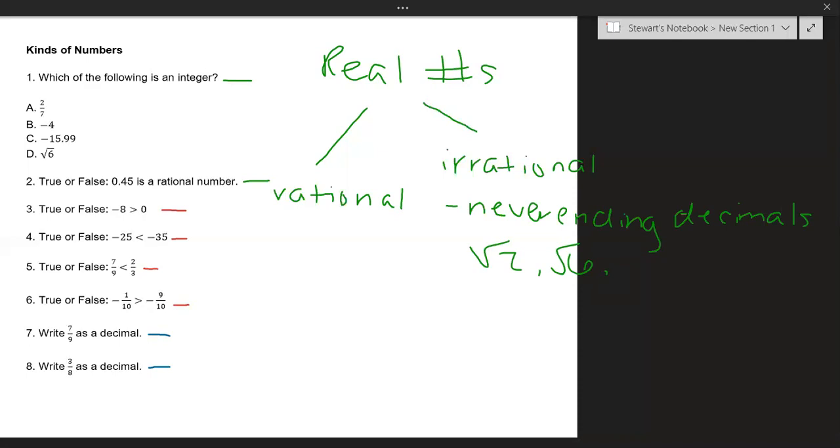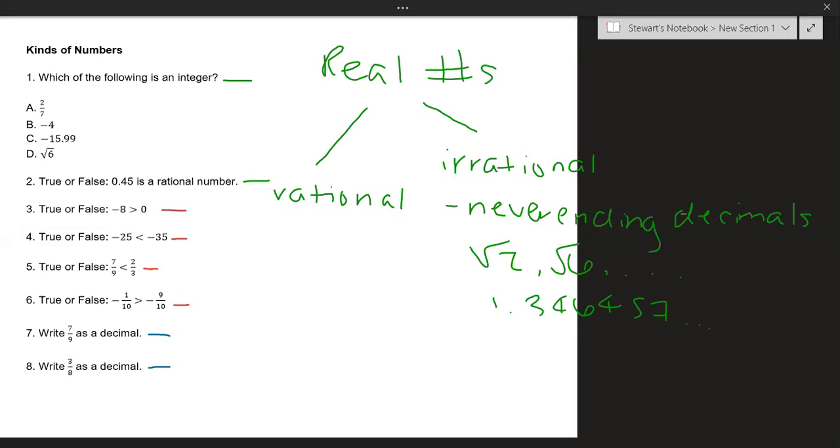And irrational numbers, just because they go on forever, they don't generally have any repeating qualities, like a decimal such as 1.34645 that just goes on in a random fashion forever. That'd be irrational numbers.